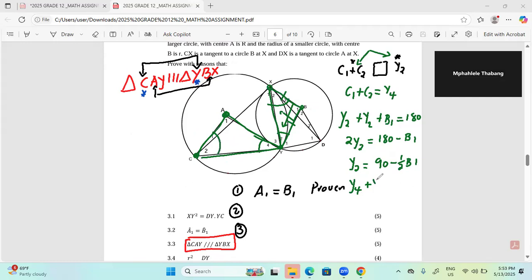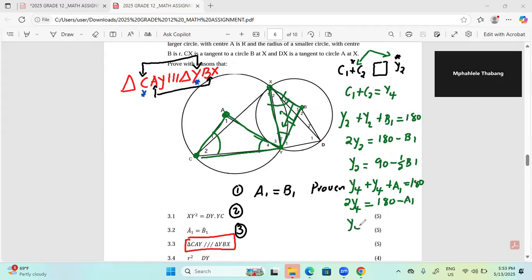So I will say plus y4. Those are the opposite angles of equal sides. Plus A1 equals 180.